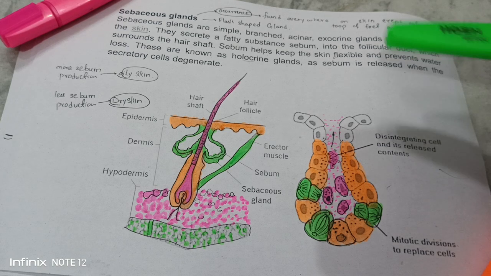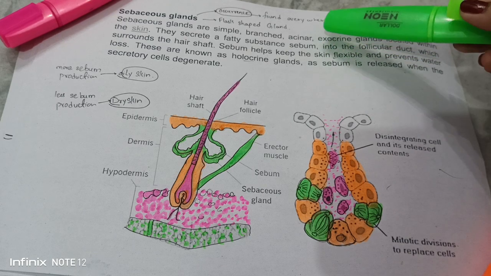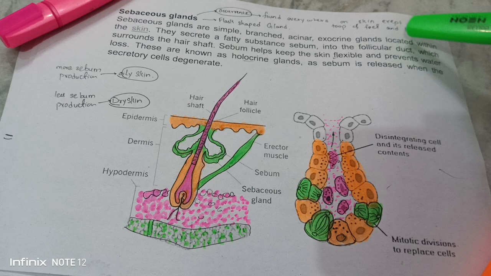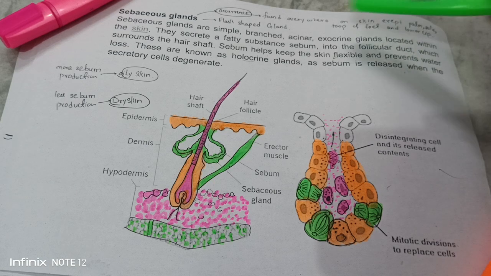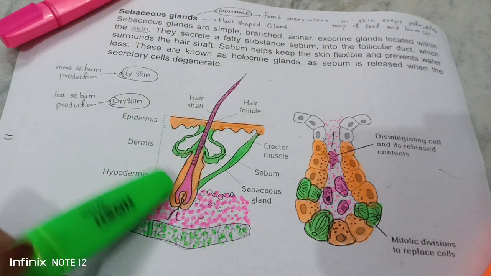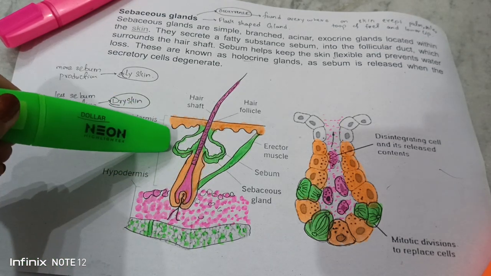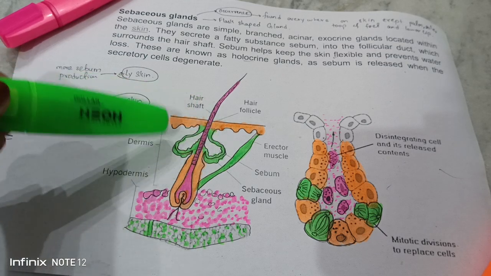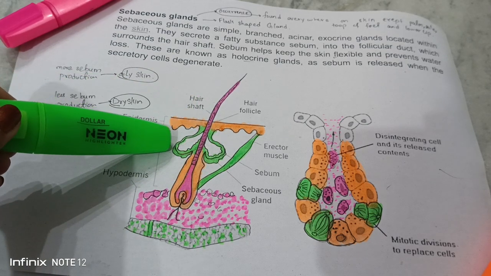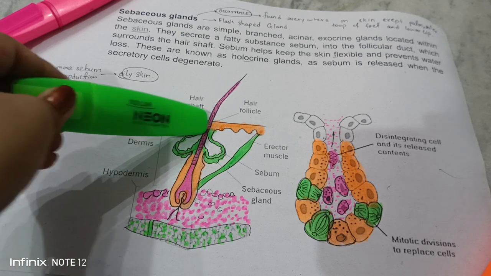So what are they responsible for? They secrete a fatty substance that is called sebum into your follicular duct, which surrounds the hair shaft. You can see the diagram here, which is beautifully colored, and you see these green color highlighted two parts, they are called sebaceous gland, and they are releasing their secretion into a hair follicle.